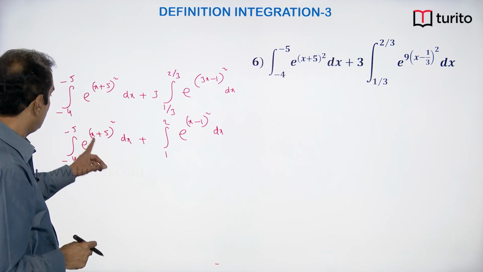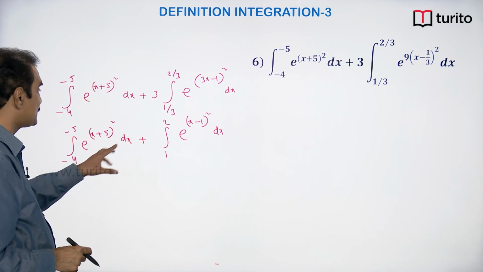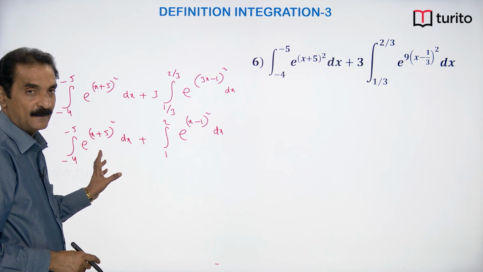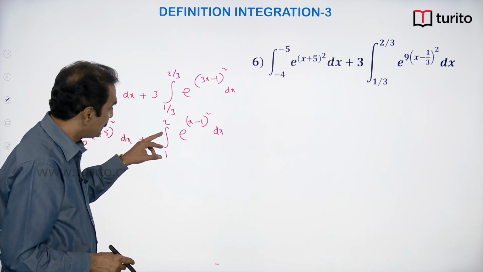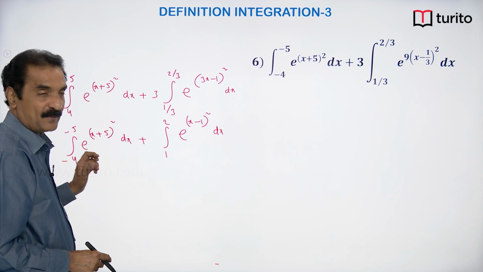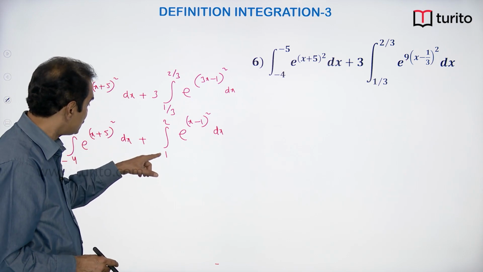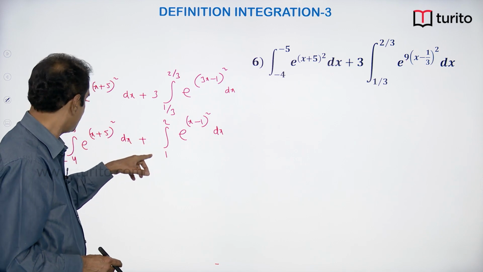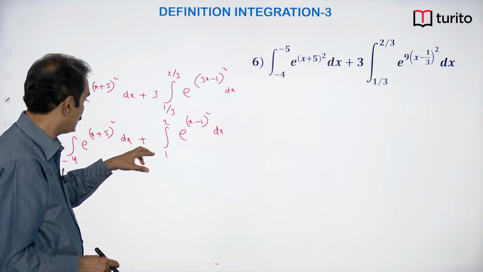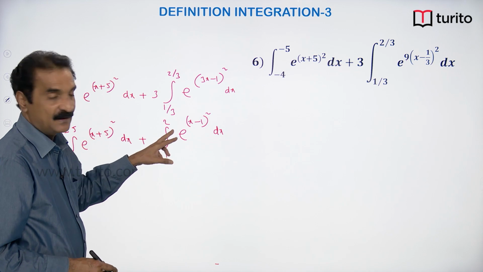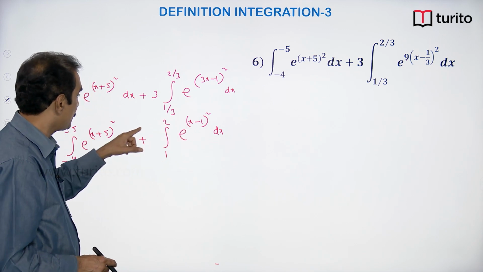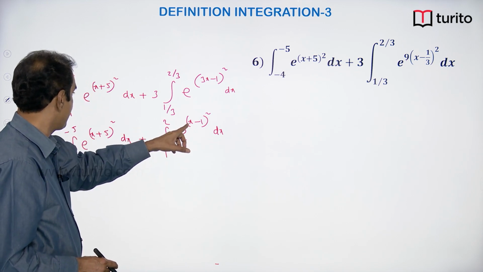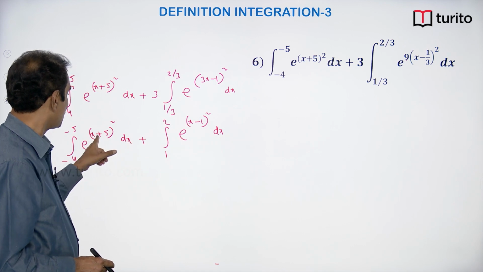Now, if we want to combine this and this, limit should be same, no? How can you get limits minus 4 to minus 5? You have to subtract 5 from the limits, 5 or 6. Okay, subtract 6, so that it should become x plus 5, no?